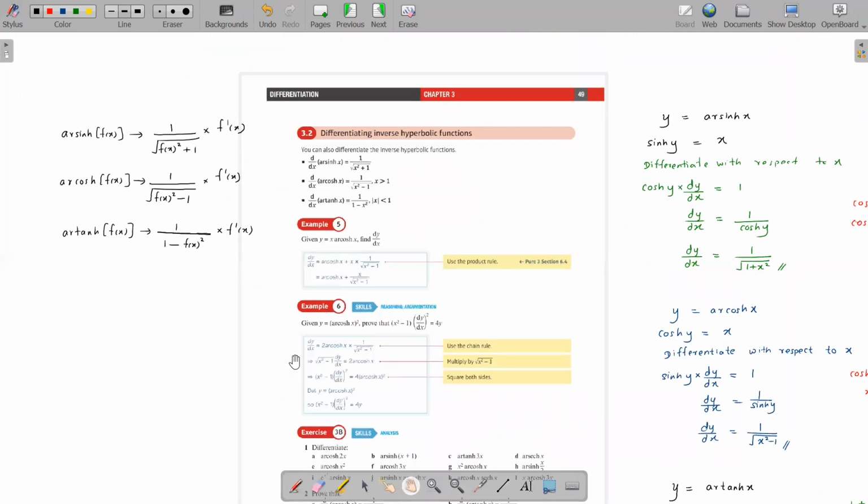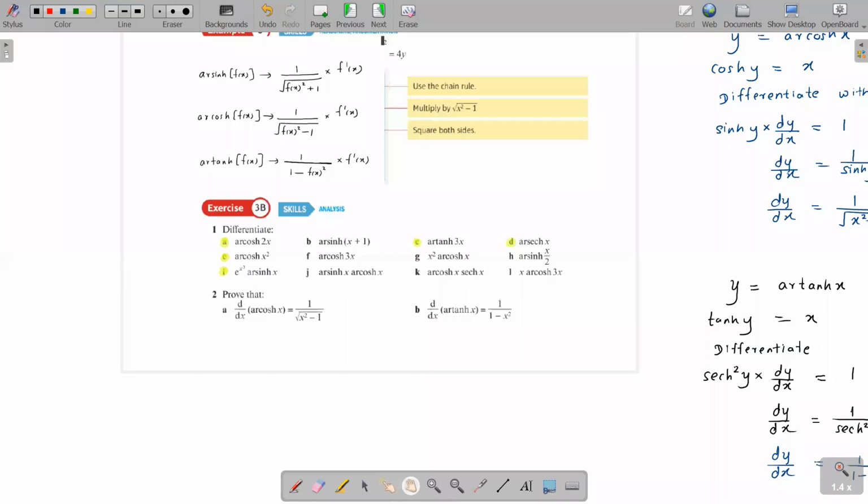So now what we need to do is use these rules and do the questions. Okay, so let's go for exercise 3b now. Exercise 3b, question number 1. The differentiation of arc cosh 2x. So what happens when you differentiate arc cosh 2x? Directly, let's use the rule.